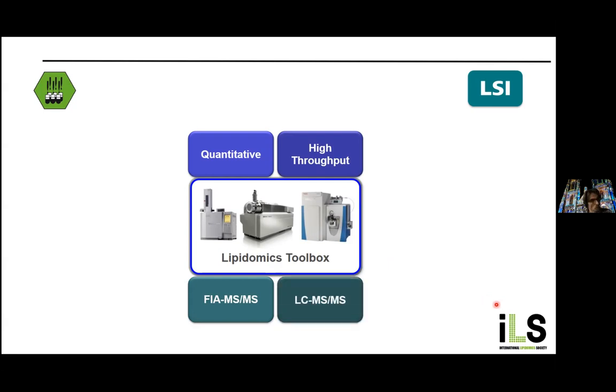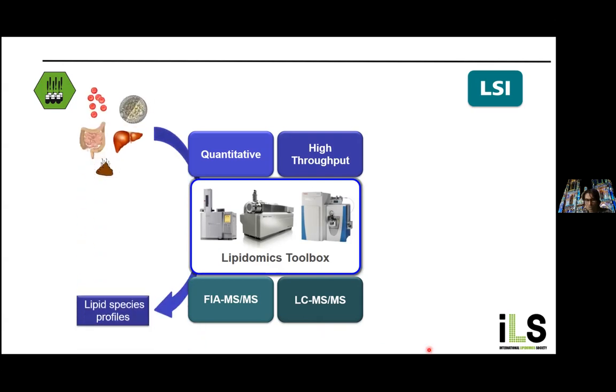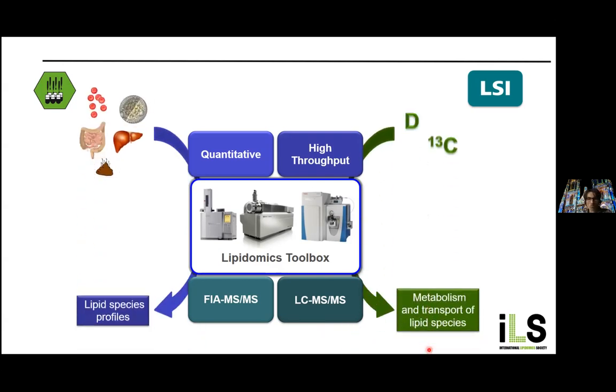But for sure, you cannot cover all the lipid classes with that, so it's necessary to also use LC coupled methods. And basically, you can use it for a lot of sample types. And I have shown you yesterday, you can nicely monitor lipid metabolism and transport by introducing stable isotopes.